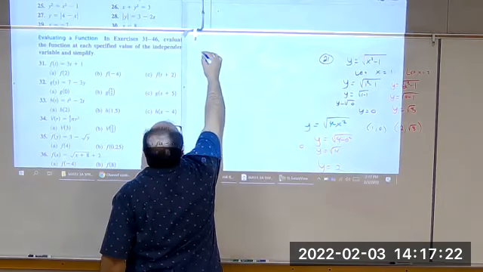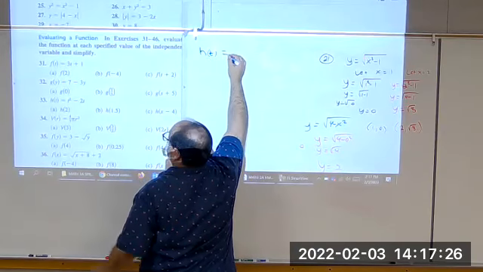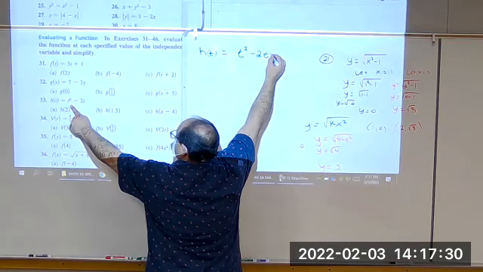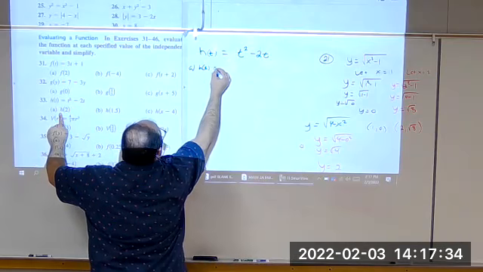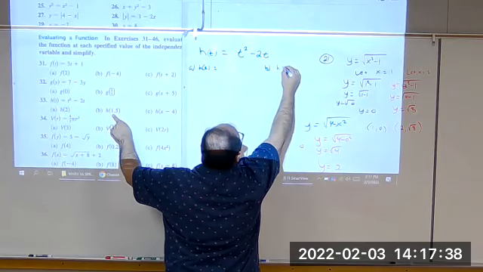So h of t. Function h with respect to the variable t is equal to t squared minus 2t. So find a, what is h of 2 equal to? And then b, what is h of 1.5?